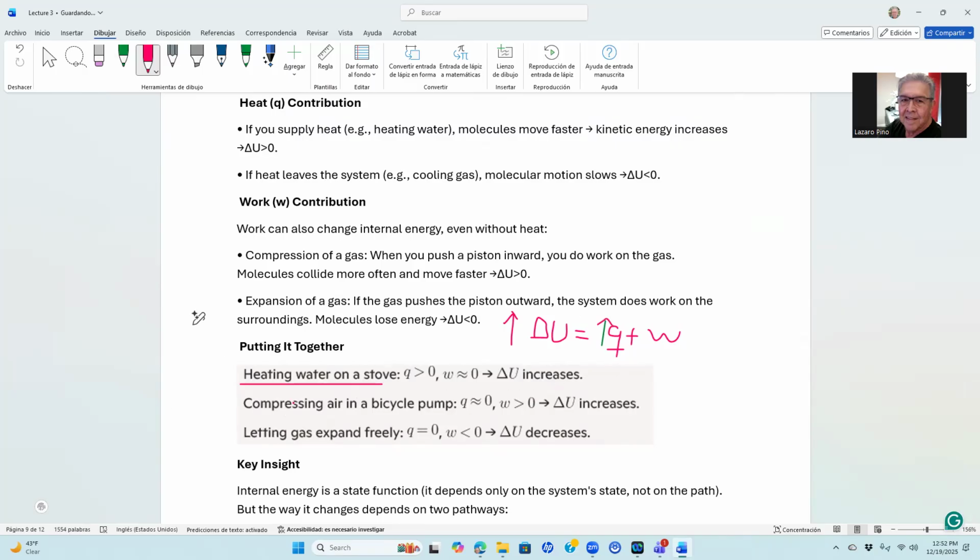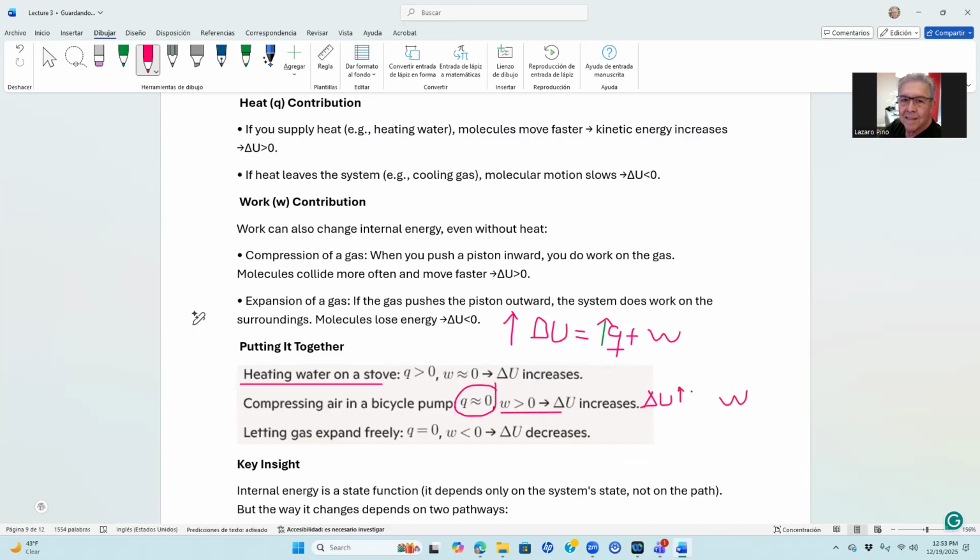If you are compressing air in your bicycle pump, Q remains constant. But you're doing work. So the change in internal energy in this case increases because of work.